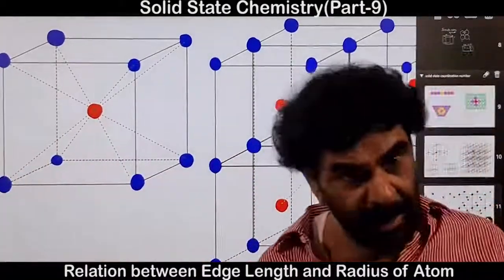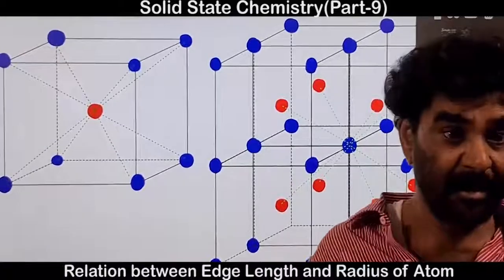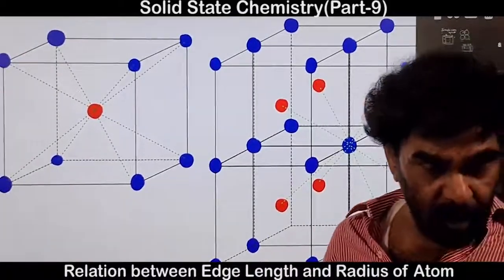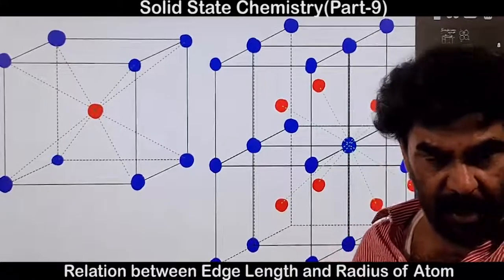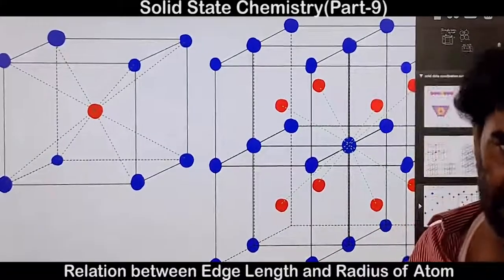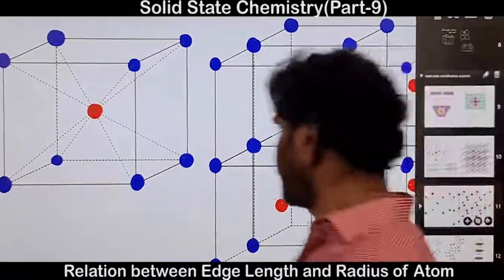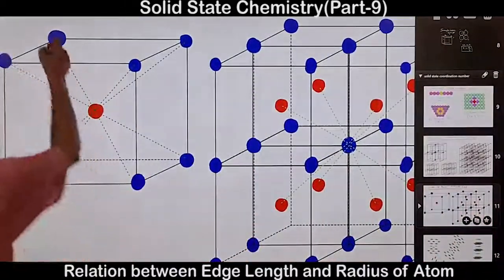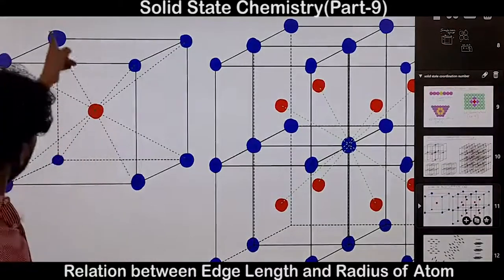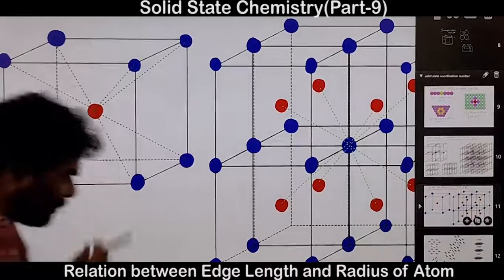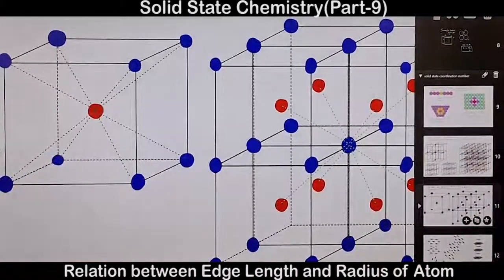There are many body centered unit cells. I told you these relations are valid only for cubic unit cells, where the edge lengths a is equal to b is equal to c. So now I come to the body centered unit cell, BCC structure, BCC unit cell.